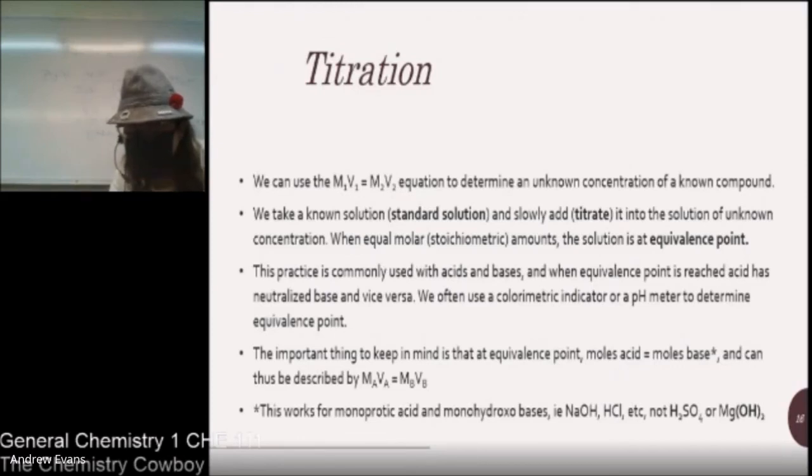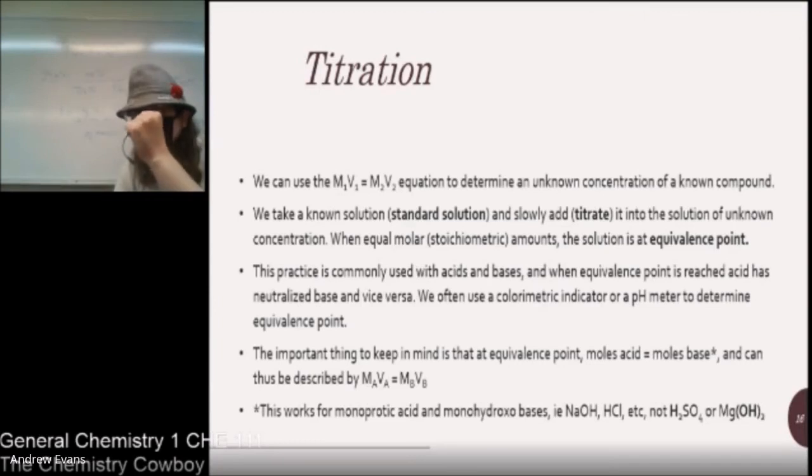This is commonly done with acids and bases. When you reach the equivalence point, you have neutralized all the acid or neutralized all the base. We will often use a colorimetric indicator, but sometimes we'll use a pH meter. We'll try to find this equivalence point. The colorimetric indicator will be one color under acidic conditions and another color under basic conditions.